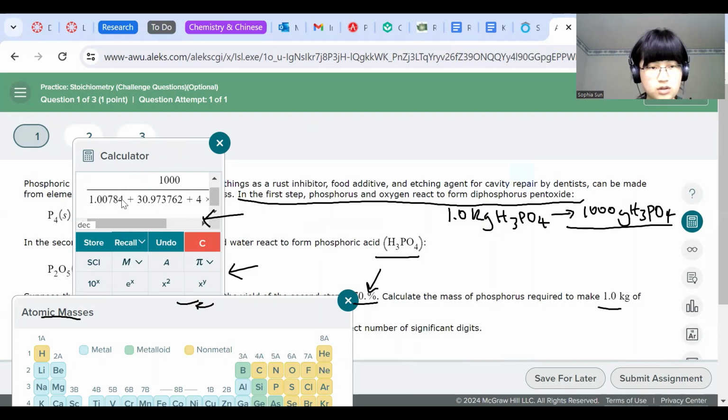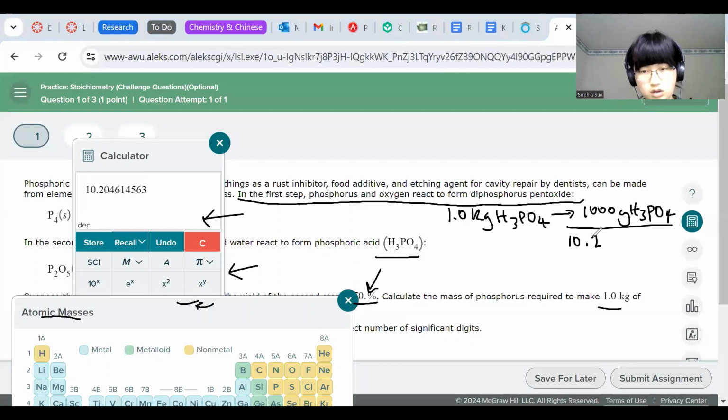I'm gonna go back and correct my hydrogen. All right, so now we know that we approximately have 10.2 moles of H3PO4. You will want more than 3 sig figs. However, since I'm using a calculator, I can use the store function to get this entire decimal.